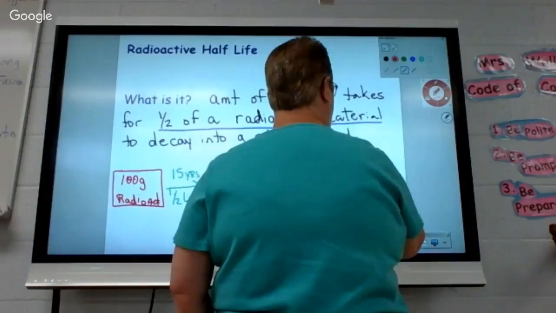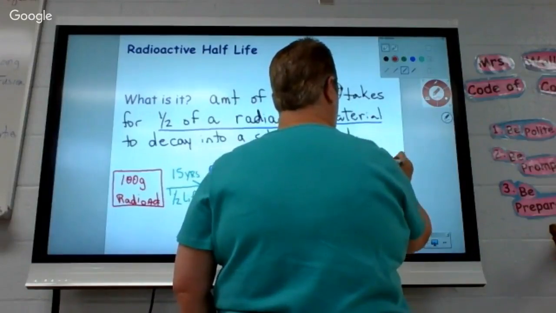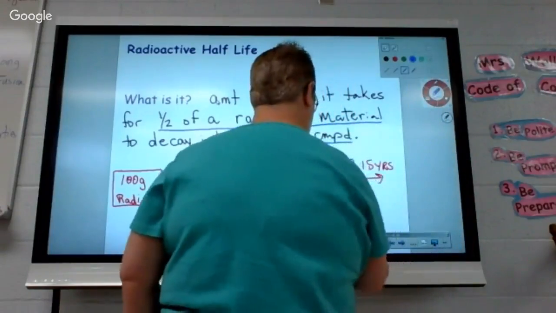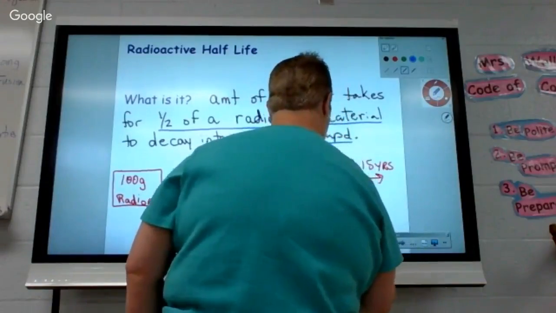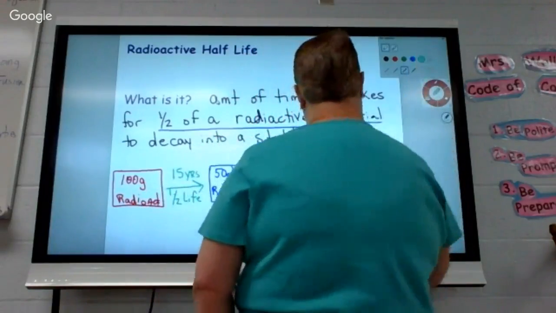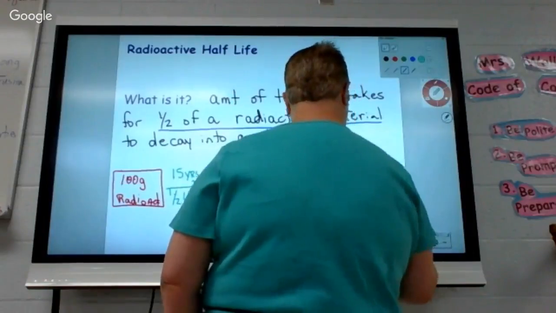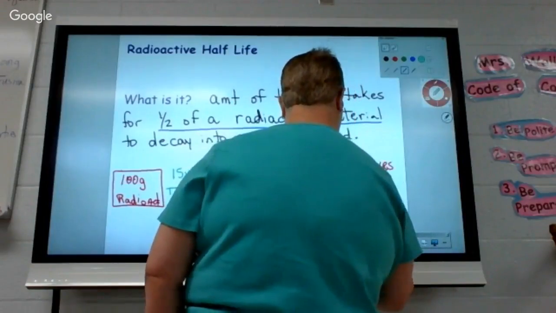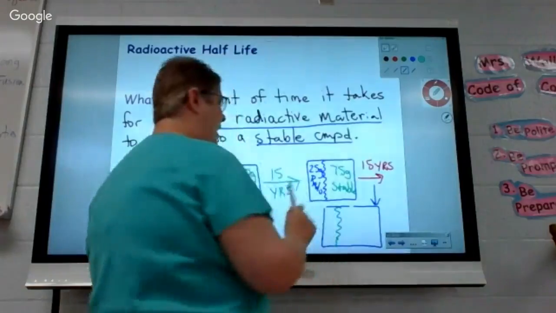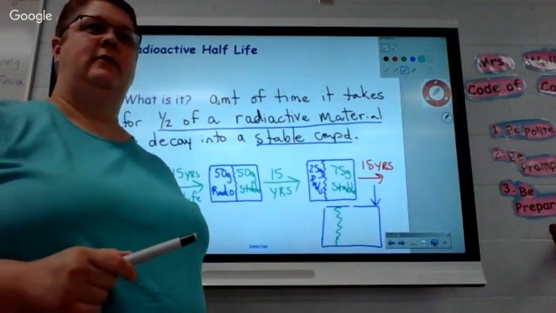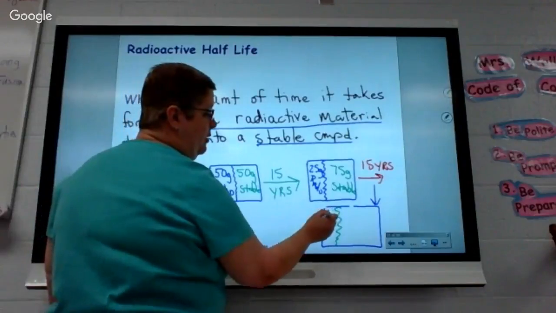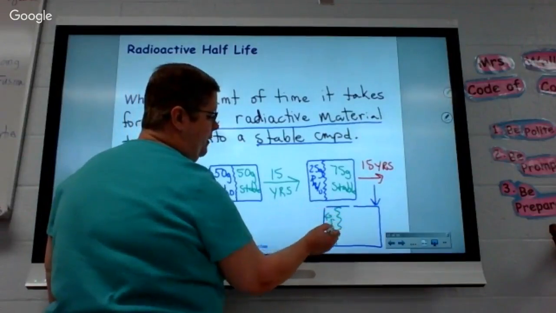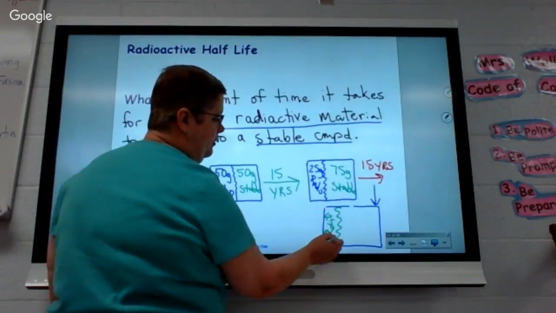So if another 15 years goes by, and it splits again, that 25 splits, and I have how much now is radioactive? 12.5 grams is radioactive.